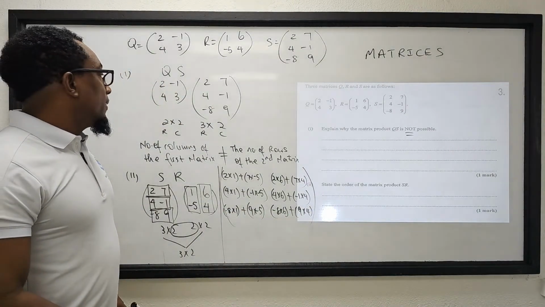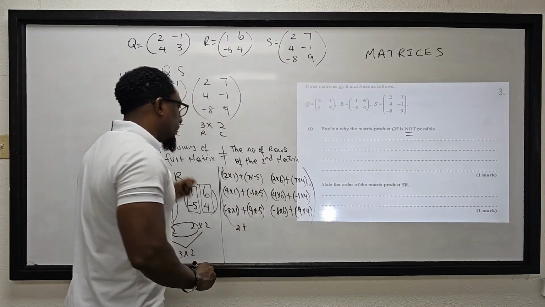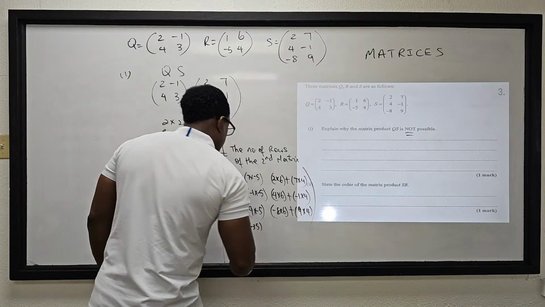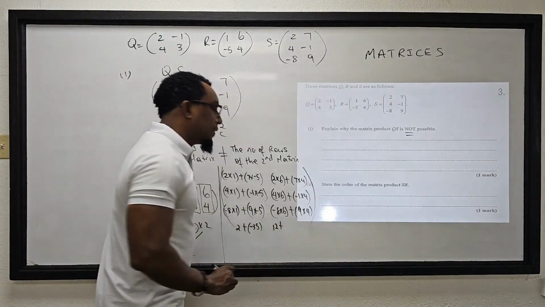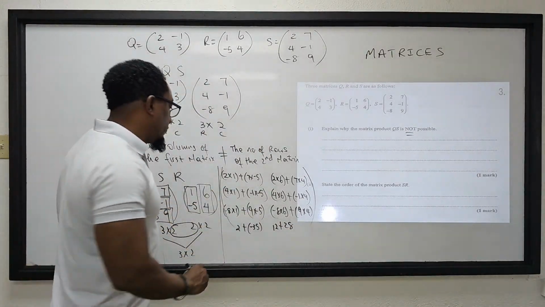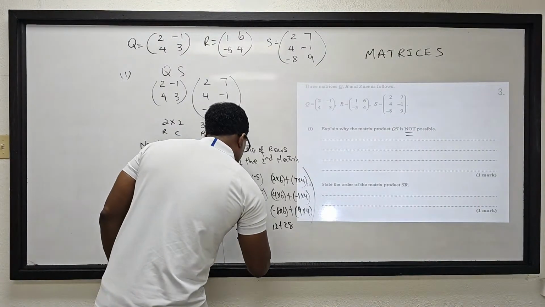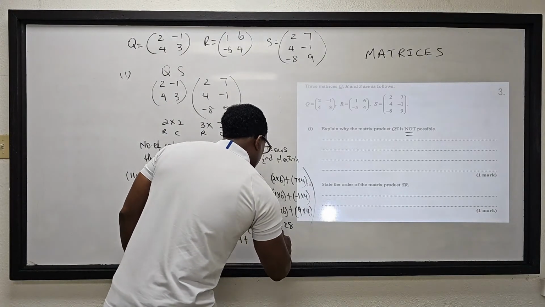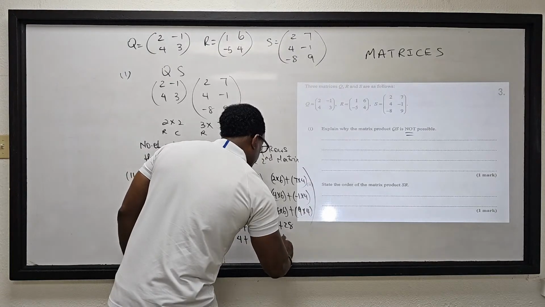When we simplify that, what are we going to get? This is 2 by 1 is 2, plus 7 by negative 5 is negative 35. Then we're going to have 2 by 6 is 12 plus 7 by 4 is 28. We're going to have 4 by 1 is 4 plus negative 1 by negative 5 is 5. 6 by 4 is 24 plus negative 1 by 4 is negative 4.